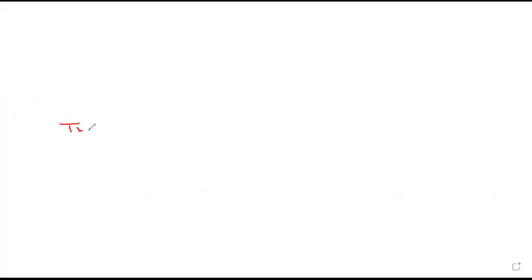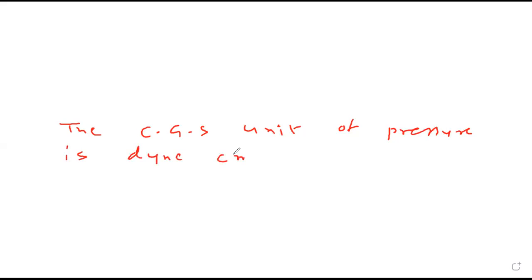The CGS unit of pressure is dyne centimeter raised to minus 2. Right.